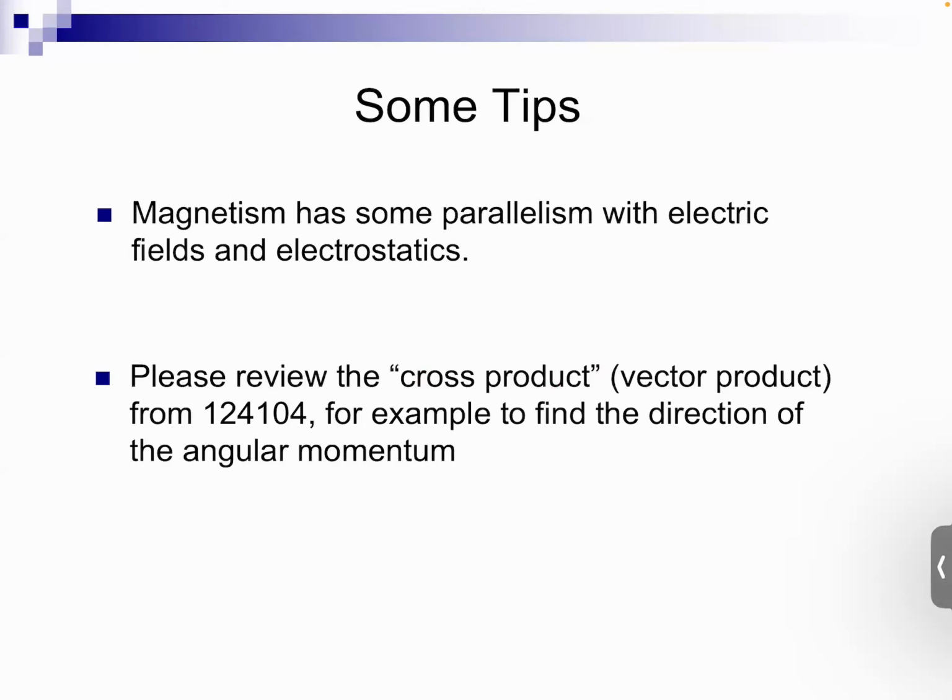We encountered this when we learned about angular momentum in 104. I'm aware some people haven't done 104, so I will go through the cross products, finding the directions, particularly if you have two vectors being crossed, what's the direction of the third vector.